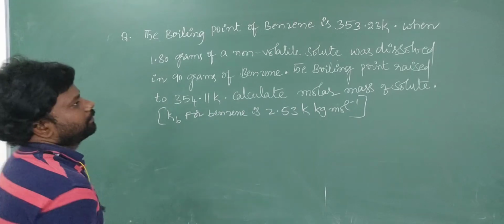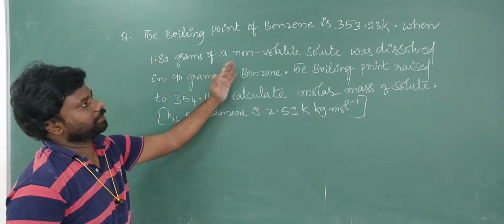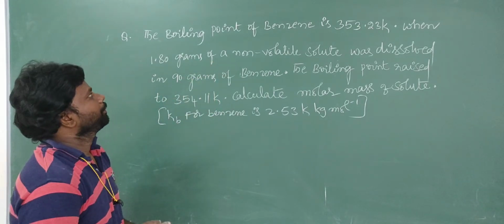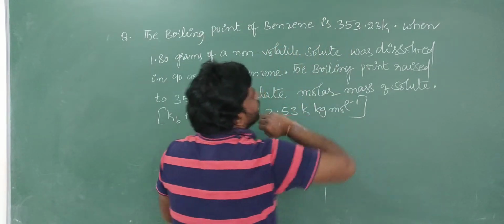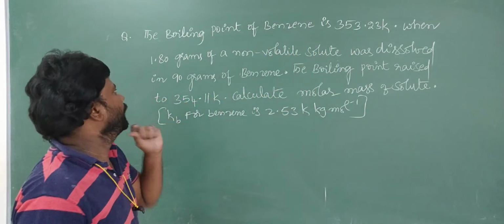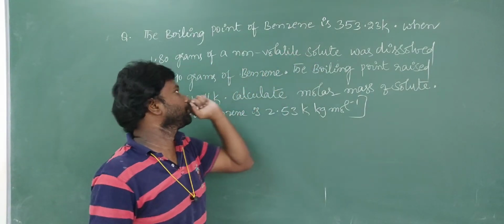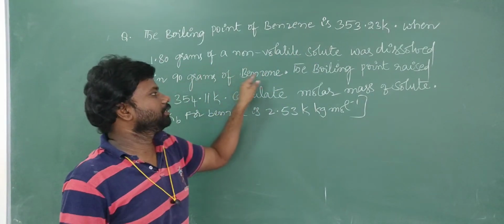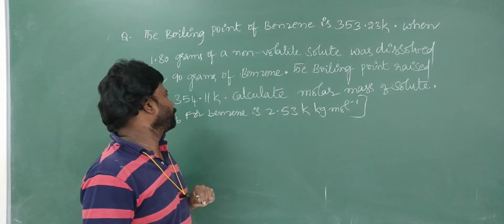Now problems. These problems are based on elevation of boiling point. The boiling point of benzene is 353.23 Kelvin. When 1.80 grams of non-volatile solute was dissolved in 90 grams of benzene, the boiling point is raised to 354.11 Kelvin.